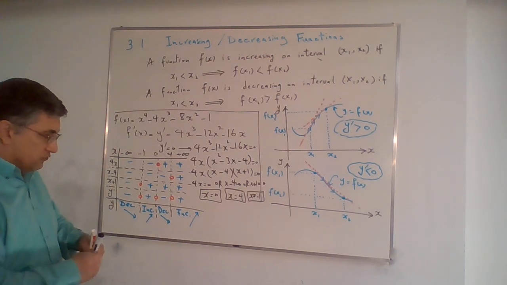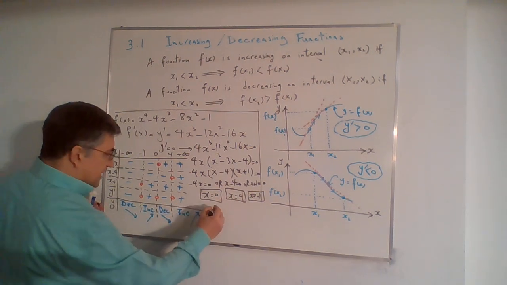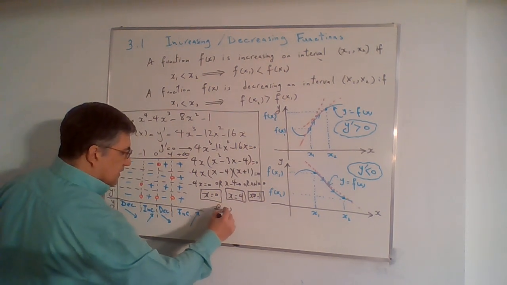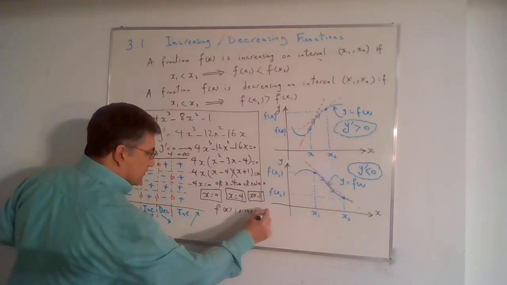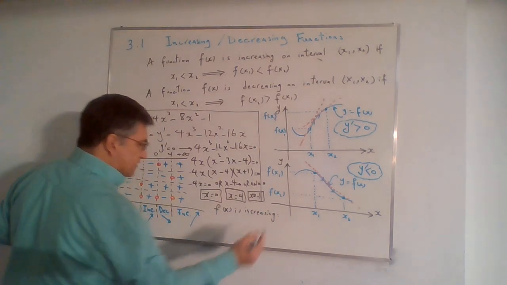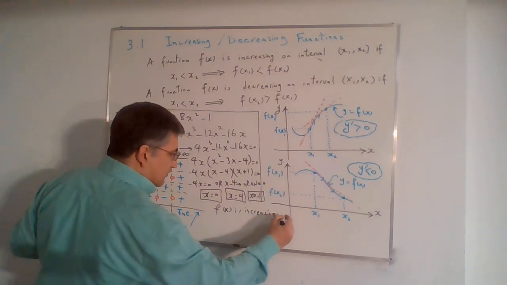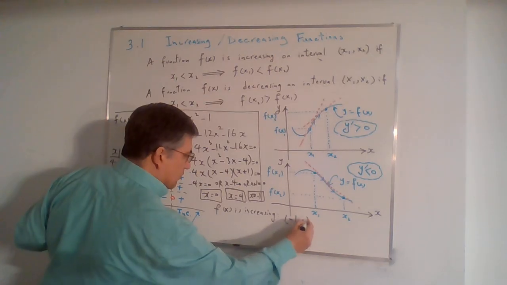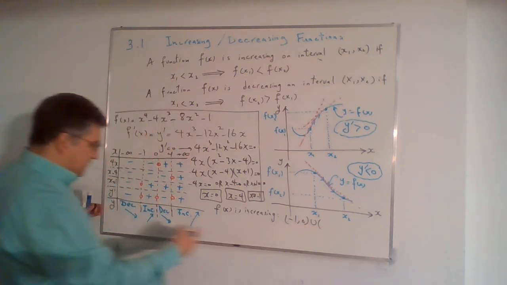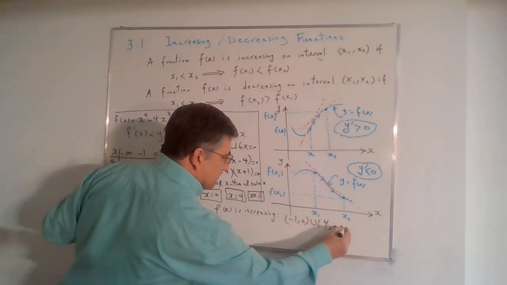So now, to write the very final answer, we're going to say f of x is increasing. You have to excuse my ugly handwriting. It's not something new. f of x is increasing over the interval from -1 to 0, and then we're going to find the union of that interval with the other one, 4 to positive infinity.